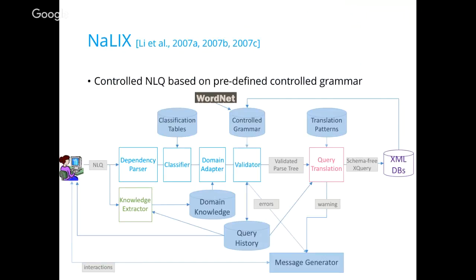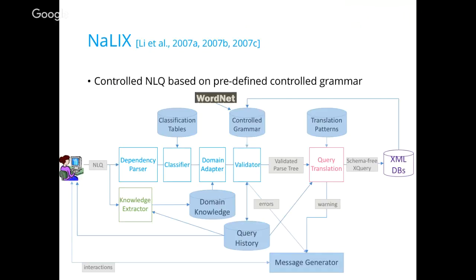So the third system I'm going to introduce is called Nanix. It's a more complex system. As you can see, it uses dependency parsing, and it will classify all the path tree nodes into different categories. And it also has a way to adapt the path tree onto a new domain, using some domain knowledge.